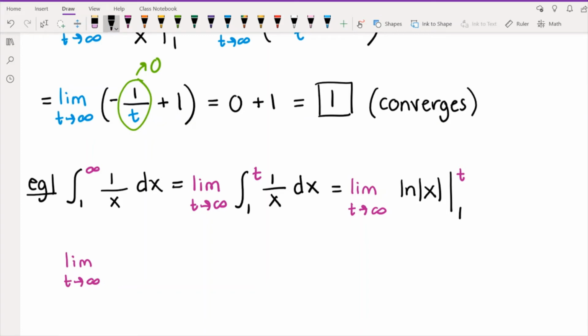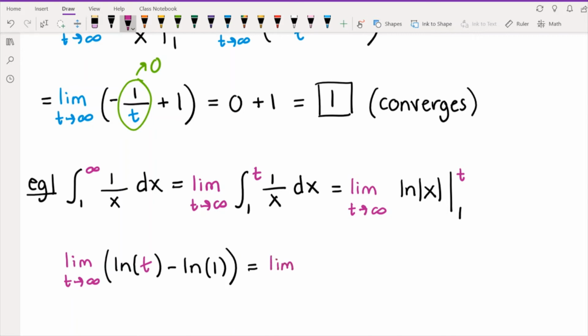And now we're going to have ln of t minus ln of 1. So ln of 1 is equal to 0, actually, right? Because ln is asking what power you have to raise e to get whatever number. So what power do you have to raise e to get 1? The answer is 0.